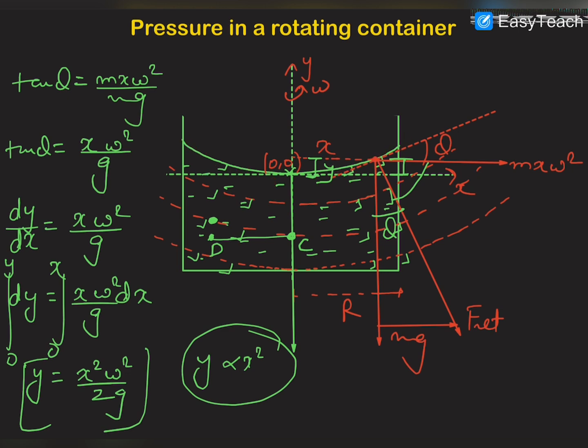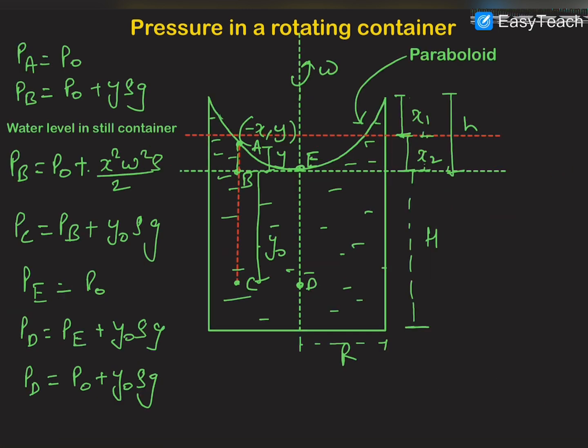A parabola is a two-dimensional figure, but the 3-dimensional figure is a paraboloid. So the free surface of the liquid will attain a shape which is called a paraboloid, and I think you must have studied paraboloid in mathematics. So this is the scenario.